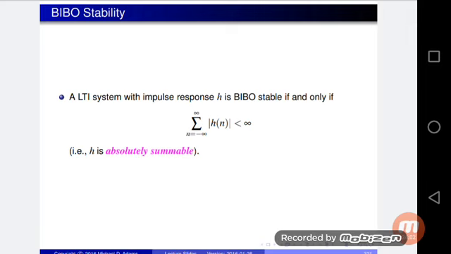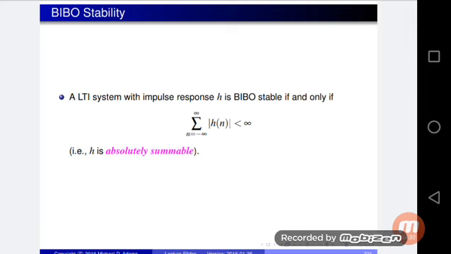Next one is BIBO stability, which we also discussed in previous classes. BIBO means bounded input, bounded output. An LTI system with impulse response h is BIBO stable if and only if the summation from n equals minus infinity to infinity of the magnitude of h of n is less than infinity.